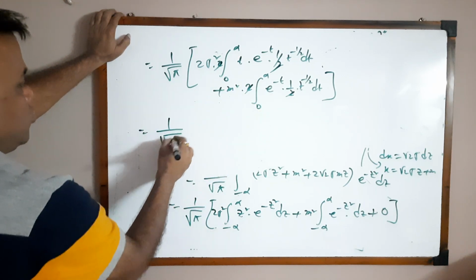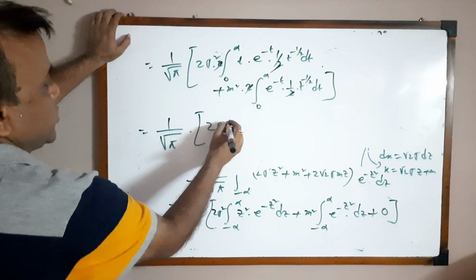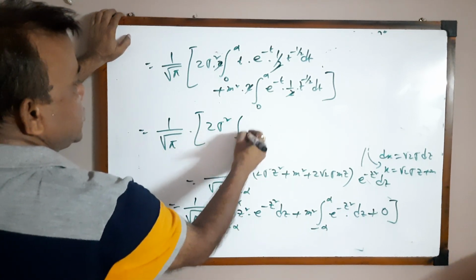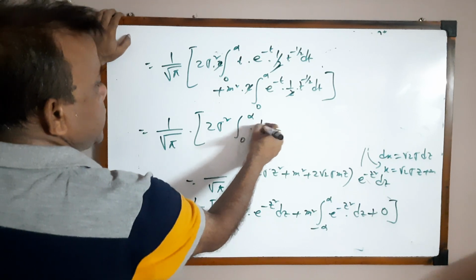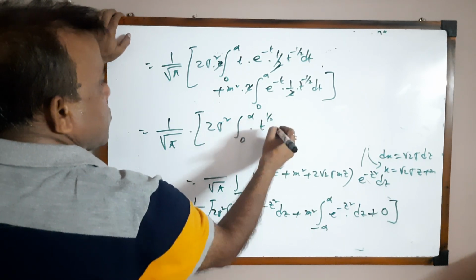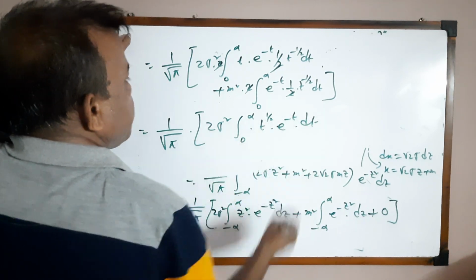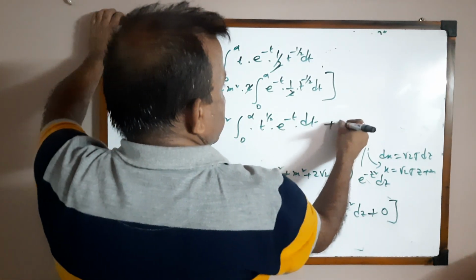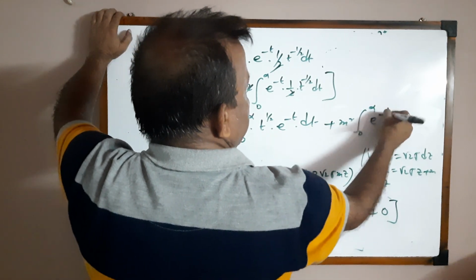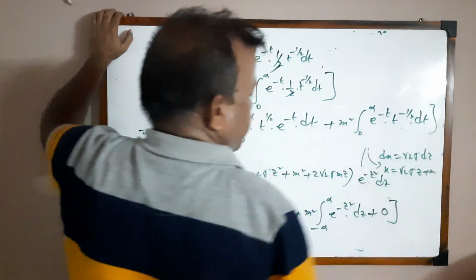One by root over of pi into 2 sigma square, into integration 0 to infinity t to the power plus half into e to the power minus t dt, plus m square integration 0 to infinity e to the power minus t, t to the power minus half dt.